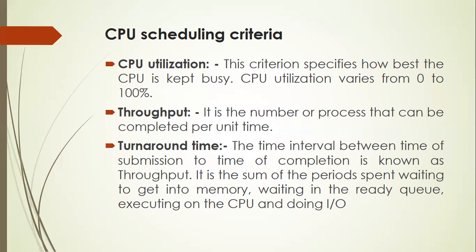Suppose the requirements of the 3 different processes are P1 is 15, P2 is 6, and P3 is 8, and for every user in one cycle, 20 milliseconds of CPU is allocated.